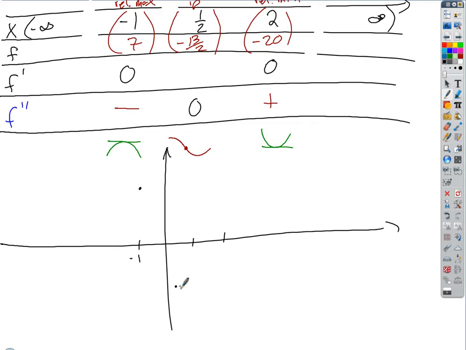And then 2, -20 is way down there. Scale's a little bit off, but you get the idea. So that tells us everything we need to know, doesn't it? Okay, so we know that the function locally is doing this. That's where it changes to being concave up.